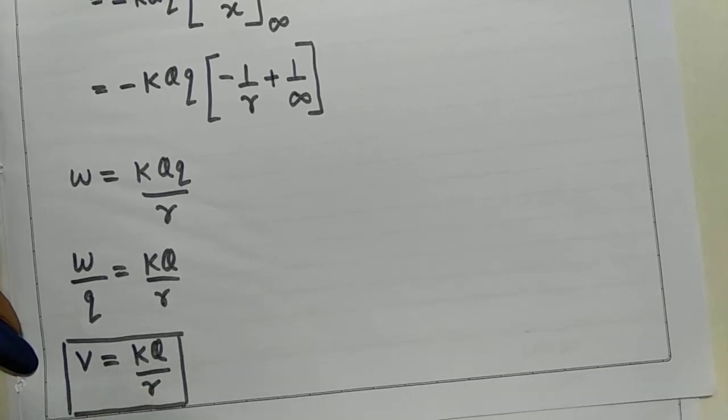Now from this equation, see this K is constant, 1 upon 4 pi epsilon naught. This is our source charge, that is also constant. So I can say that the potential is proportional to 1 upon r. r was the distance of the point where we need to calculate potential from the source charge.